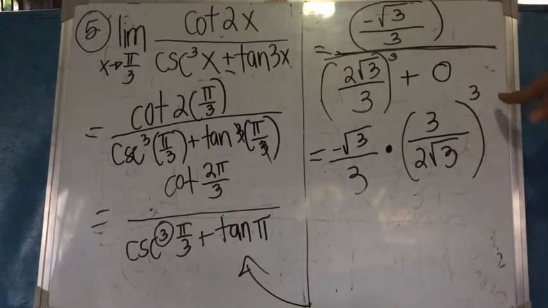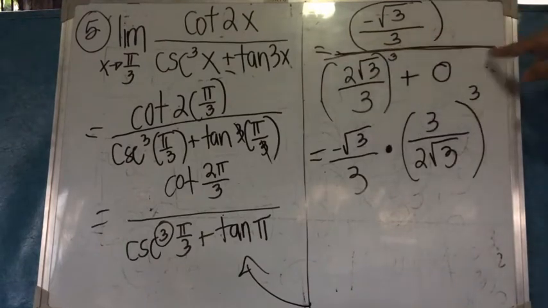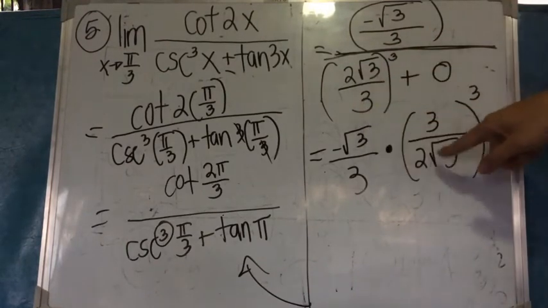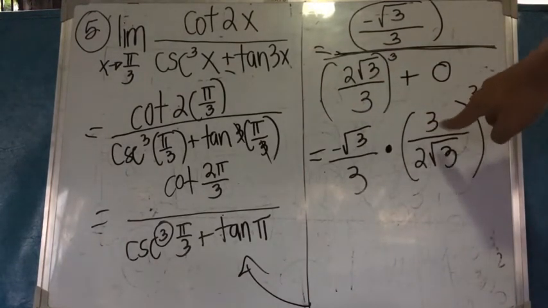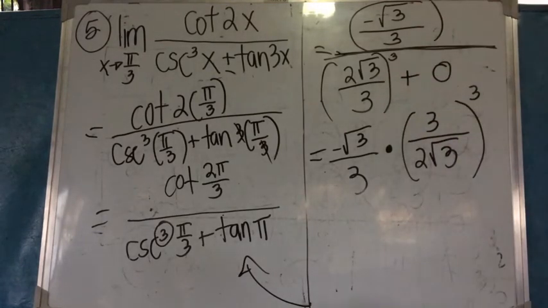So again, you copy the numerator, change division to multiplication, and get the reciprocal of your denominator. Reciprocal means interchange the position of numerator and denominator.